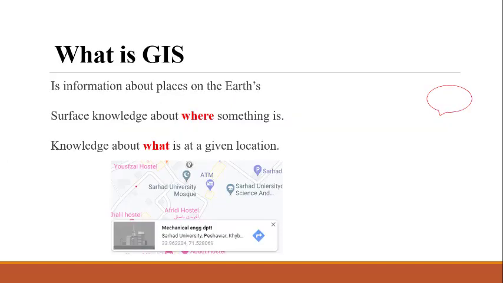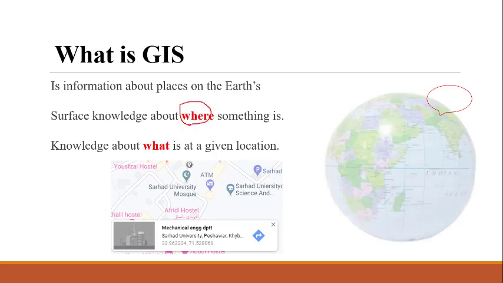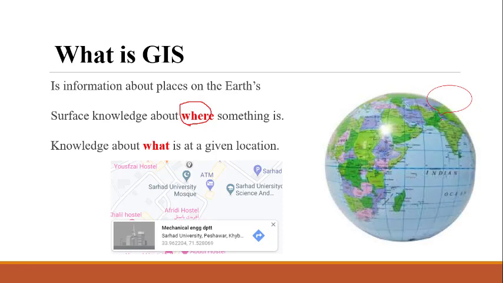In other words, if we see what is GIS or a geographical information system, it says where something is located. For example, if you want to see where Pakistan is located on the surface of the earth, it is here. So Pakistan is located here. It tells us where something is located on the surface of the earth, and it also shows what is at a given location.